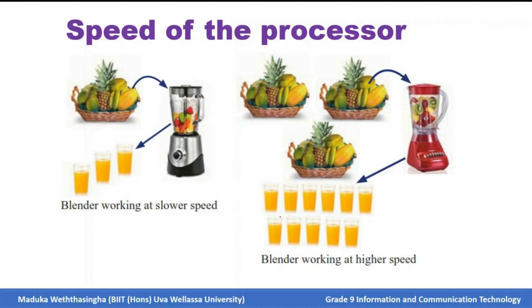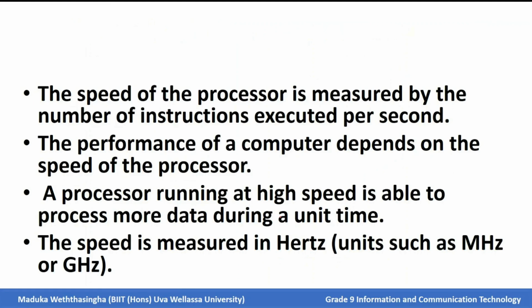But there's another blender that works at high speed. Therefore, within the same time, it can use 3 fruit baskets and produce a lot of juice cups. So, in a given time, the blender with higher speed can blend many fruits and produce many fruit juice cups.